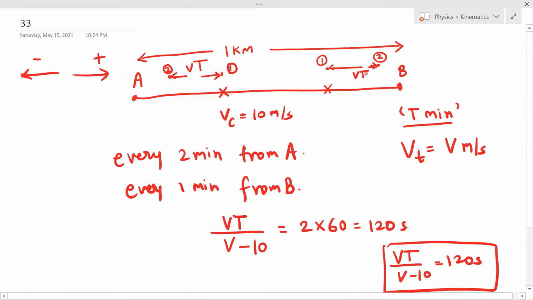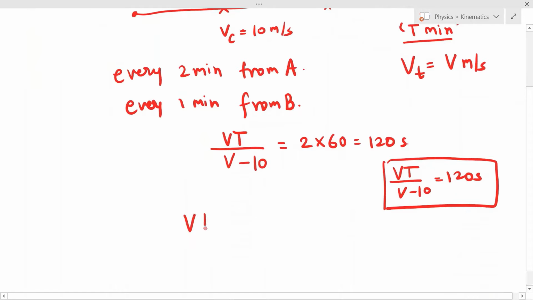Every 1 minute from position B, this cyclist will encounter the cabs. So this will be Vt, that is the distance.